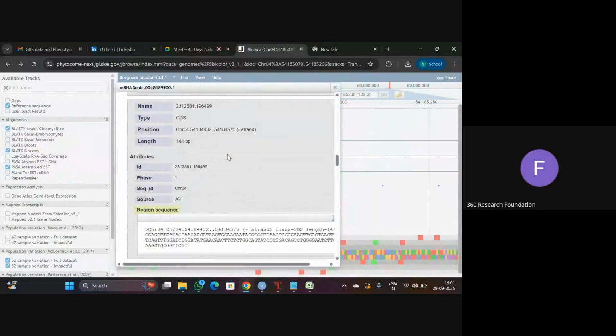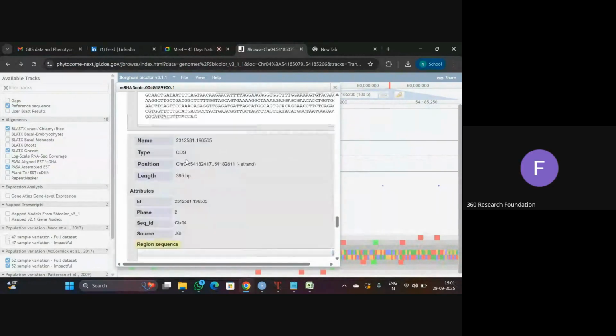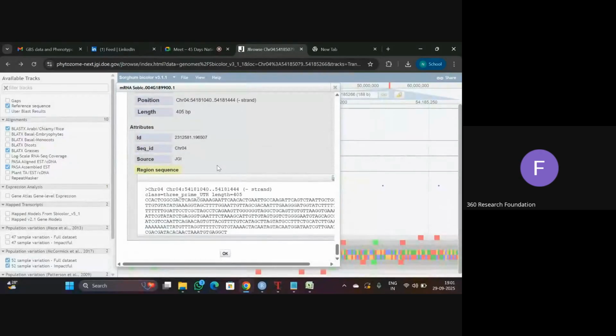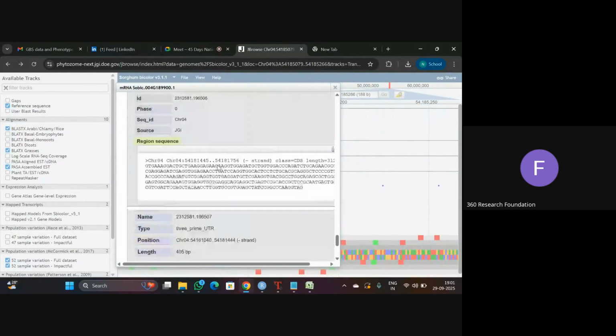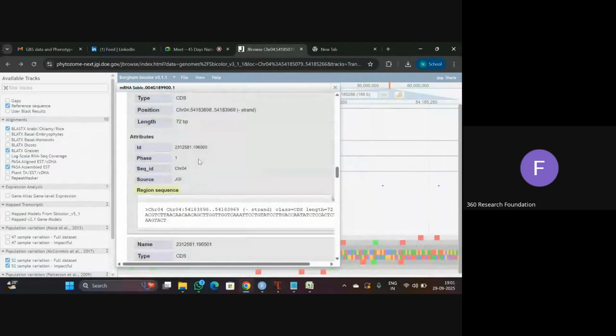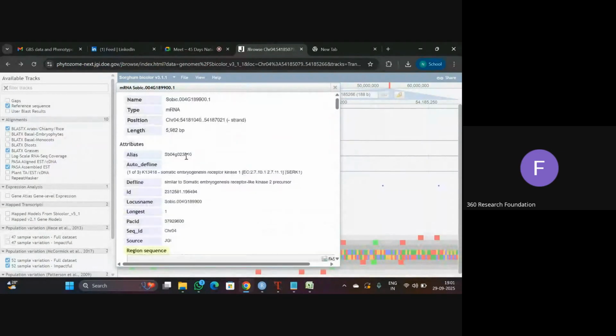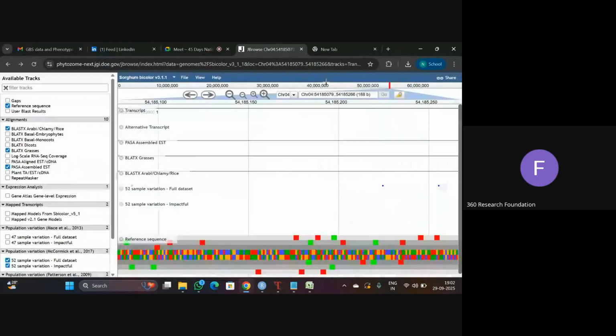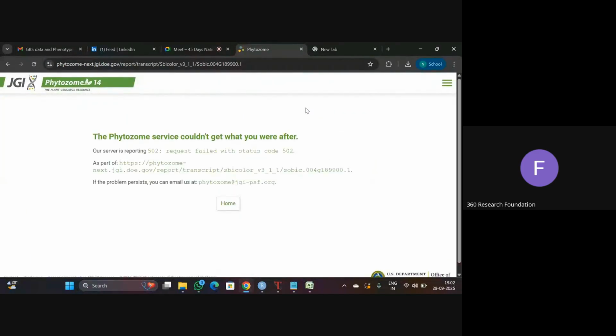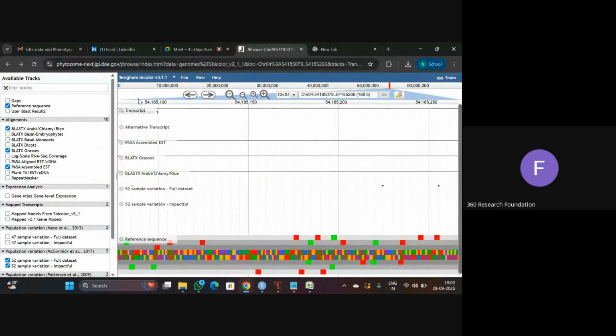So yeah, if you right click that gene, you will get all these sequences. As we are searching this marker in sorghum 3.1.1, we will see this in some time.